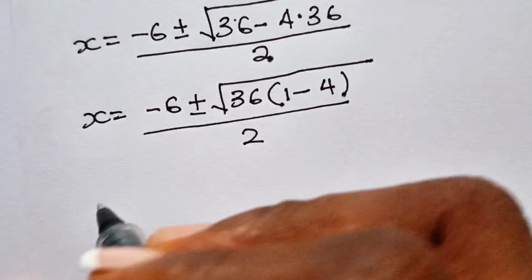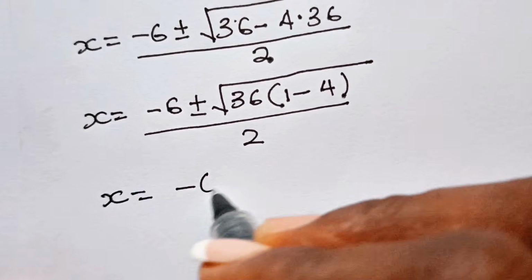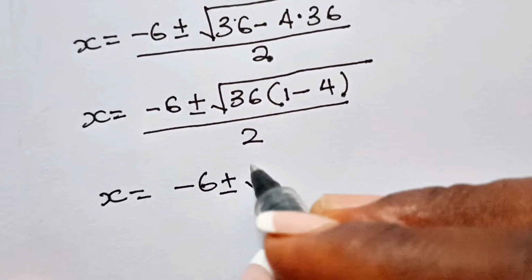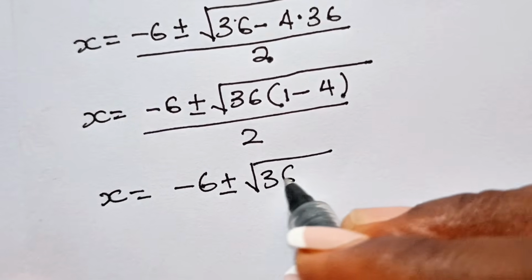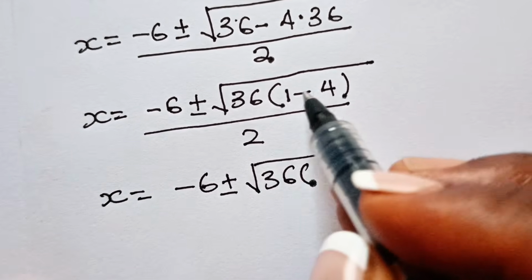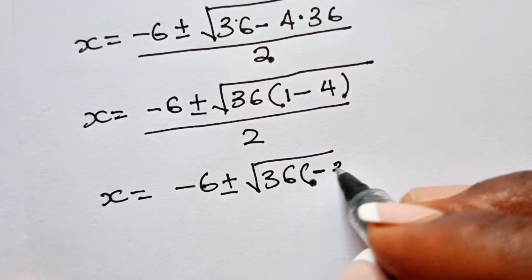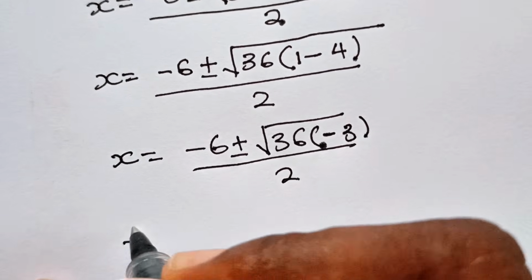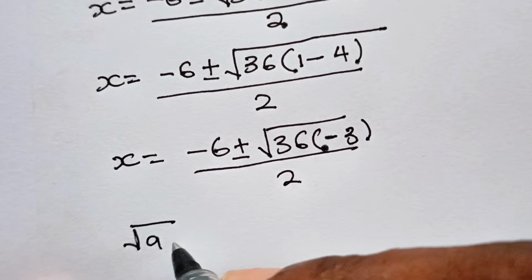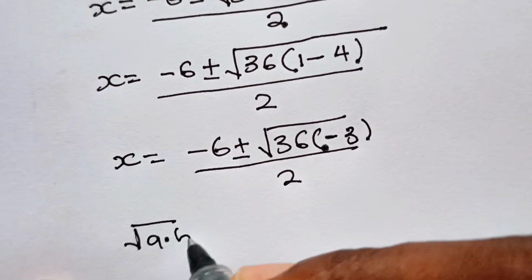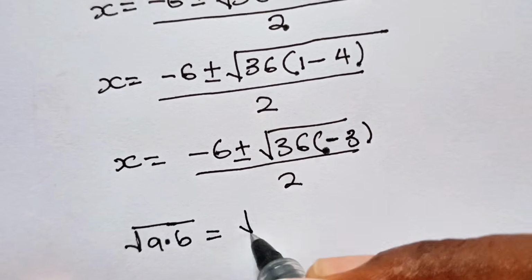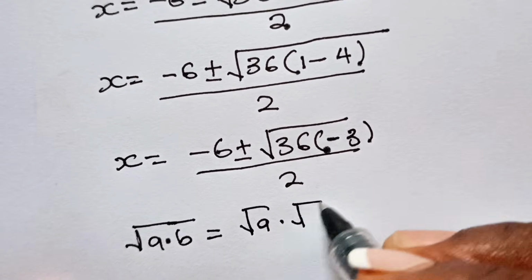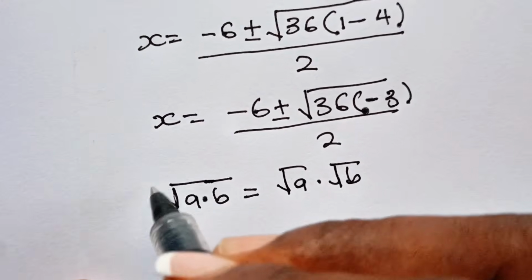Now we have x equals negative 6 plus or minus square root of 36 multiplied by 1 minus 4, which is negative 3, divided by 2. Now remember that square root of a multiplied by b is the same thing as square root of a multiplied by square root of b.